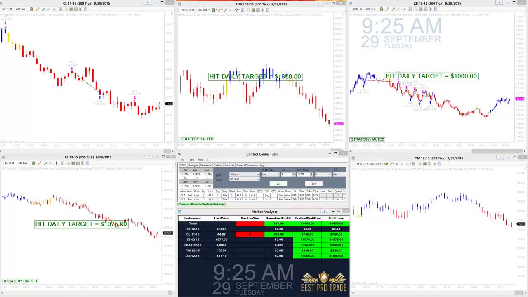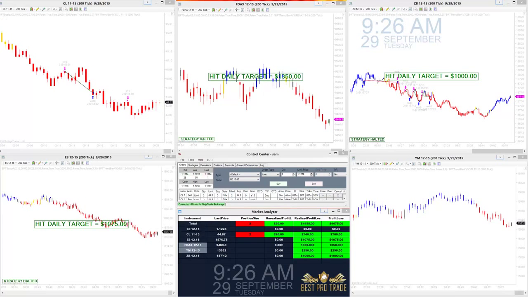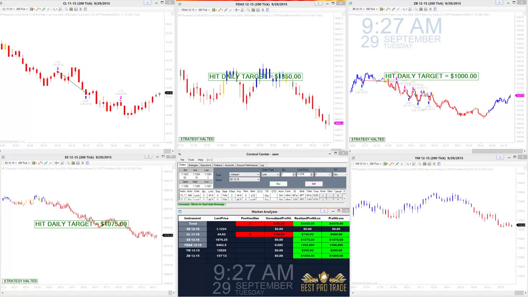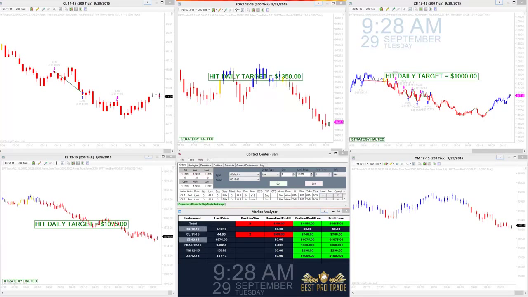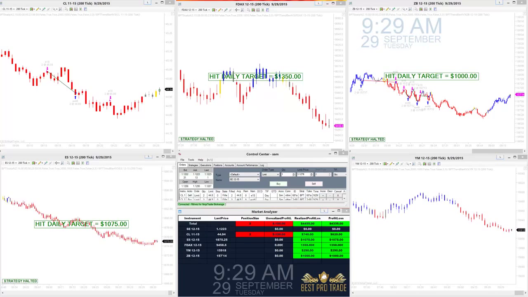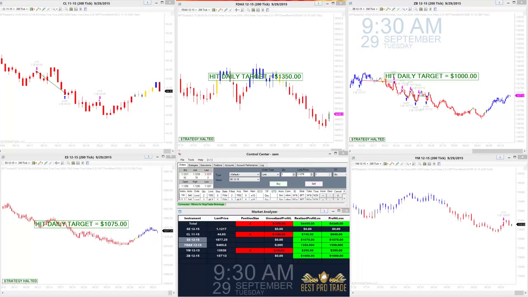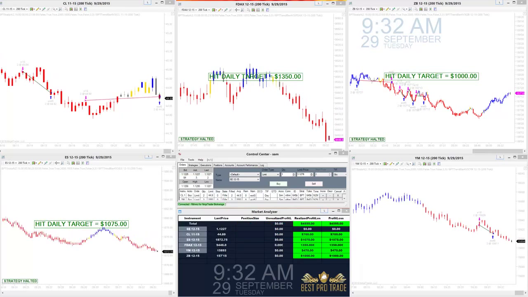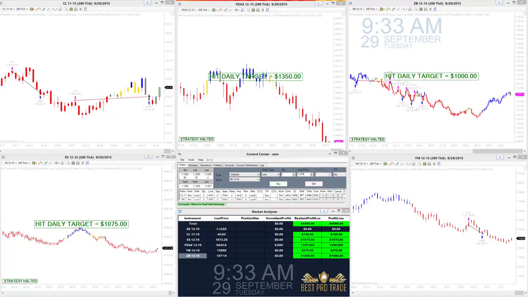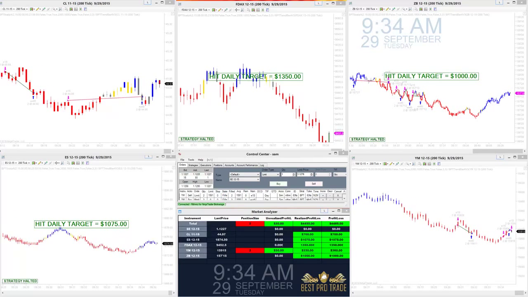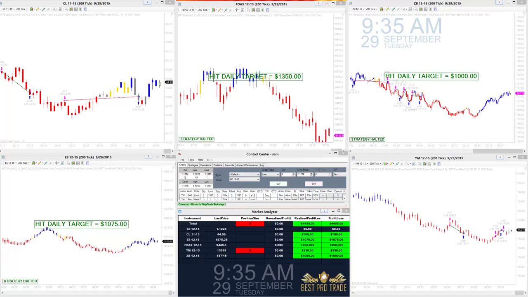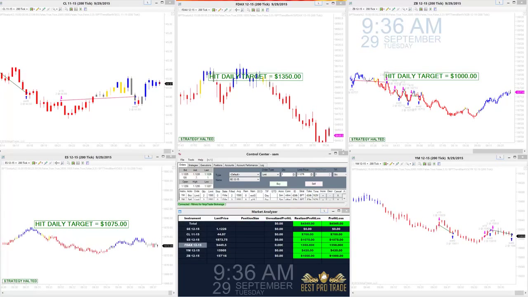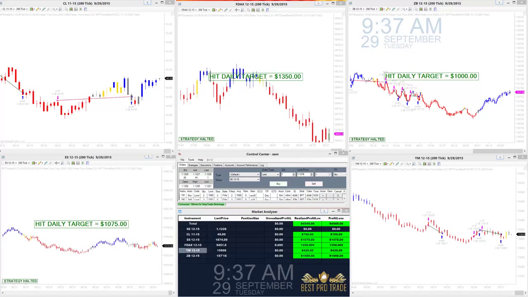But to play it safe, if you run one contract on the ES, one contract on the YM, your margin is around $1,000. It's nothing, and you're still going to be getting your target, one of those markets is going to hit the target. So what you are investing and what you are getting back is an extreme superb result.